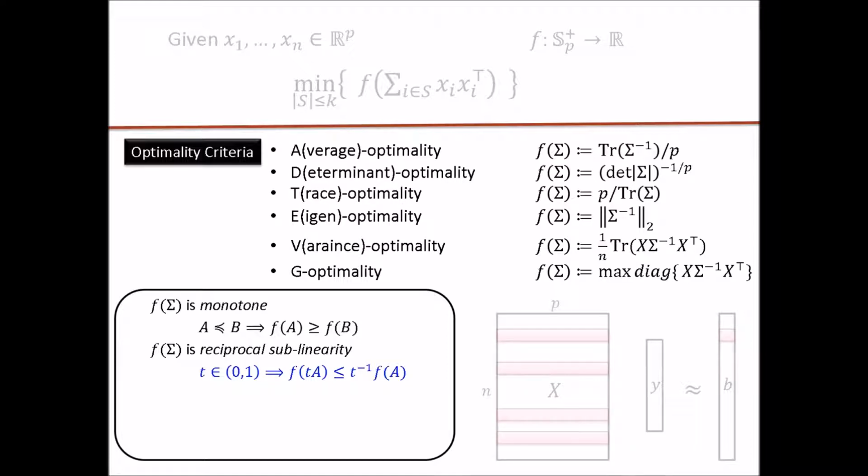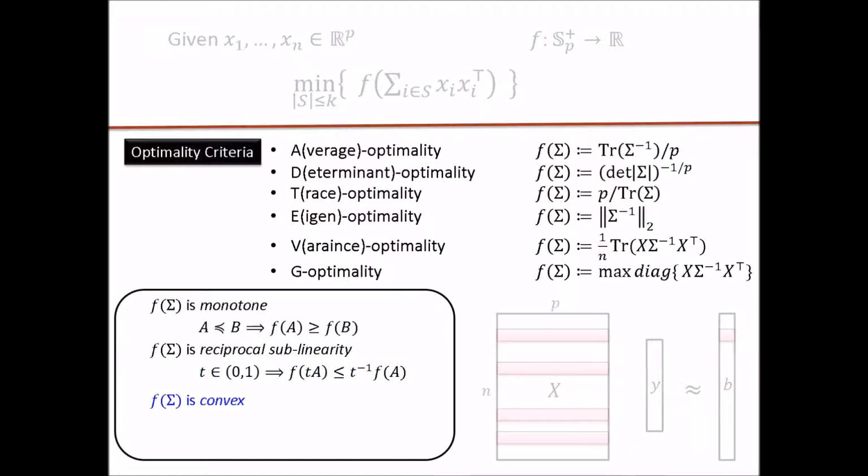It turns out that the algorithm I'm going to tell you in the end only requires one side of this linearity, and therefore we make an assumption about what we call reciprocal sublinearity of the function. So that's the second assumption.